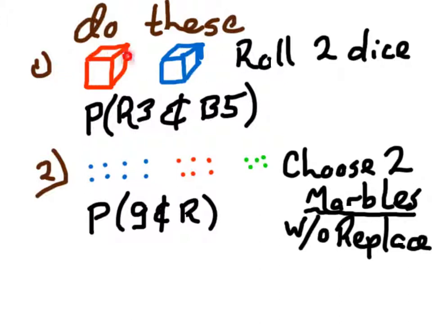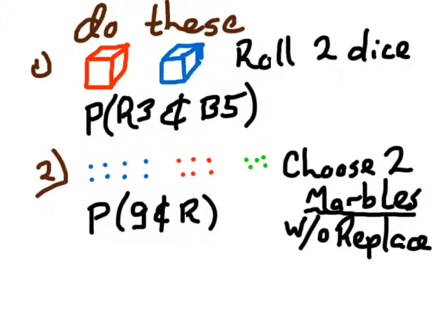The first question is, you're going to roll these 2 dice, a red one and a blue one. Find the probability of getting a red 3 and a blue 5. So it's a red 3 and a blue 5. Notice the word and, okay? The second question, you have a bag full of marbles again.